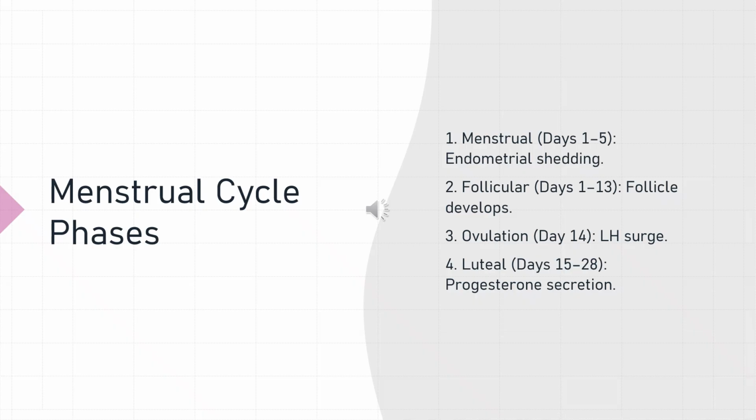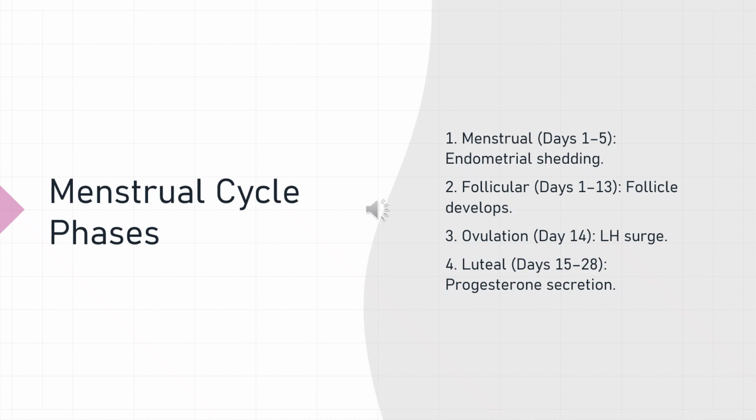Ovums typically survive 12 to 24 hours, and sperm will survive up to 5 days. So pregnancy can occur several days after intercourse and can occur before ovulation occurs, since that sperm will be hanging out waiting for the egg to come down.